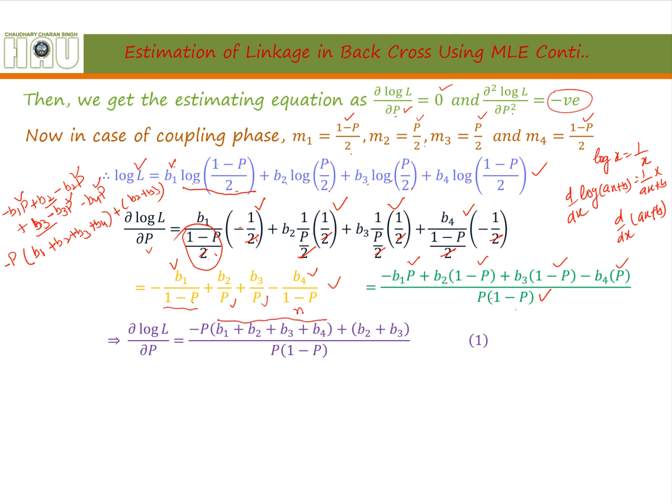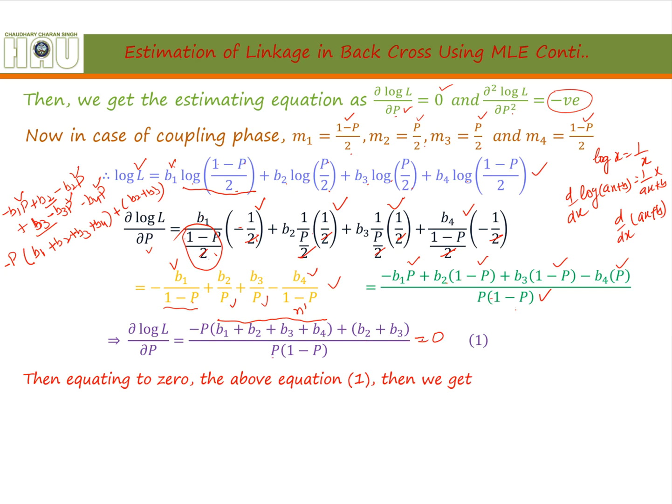This is nothing but my n dash. And in order to estimate the parameter, we equate this expression to 0. So if I equate it to 0, what do I get?